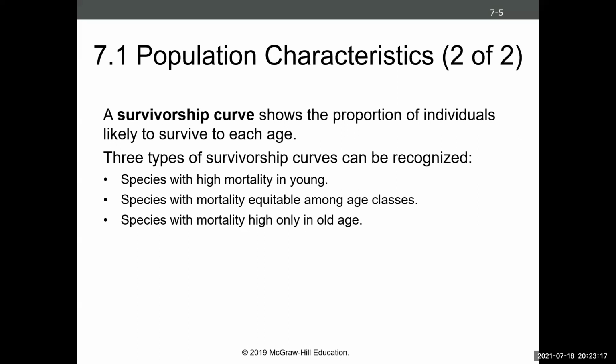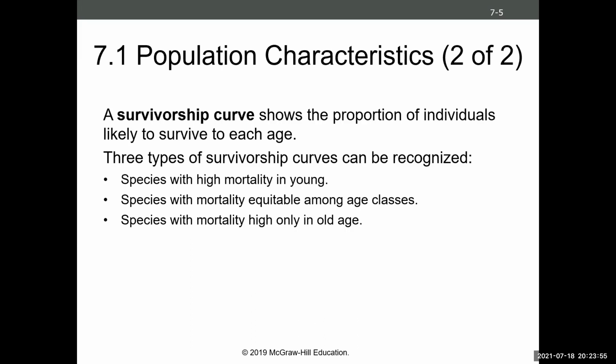Or we could look at a species like humans, where mortality in infancy and juvenile stages is relatively low, and mortality only increases as they get older. Or it could be something like a bird where mortality is relatively the same regardless of your age class, okay? And so those three types of examples are associated with the three types of survivorship curves.